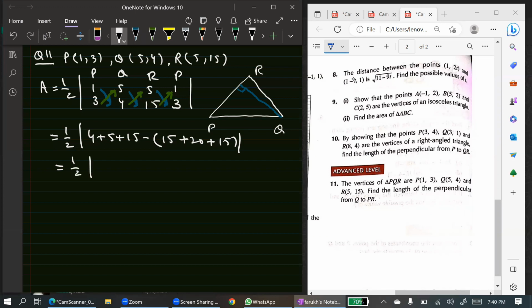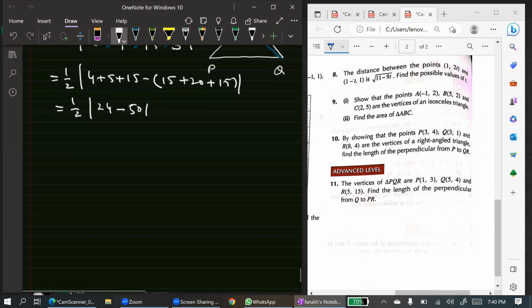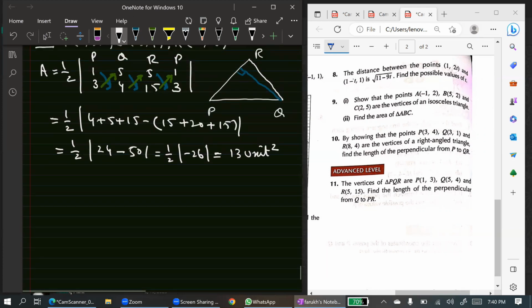Half into 9 plus 15, 24, minus 50, is equal to half into minus 26. These straight lines will make minus 26 positive, and the final answer is 13 unit square. This one is the area of the triangle PQR.